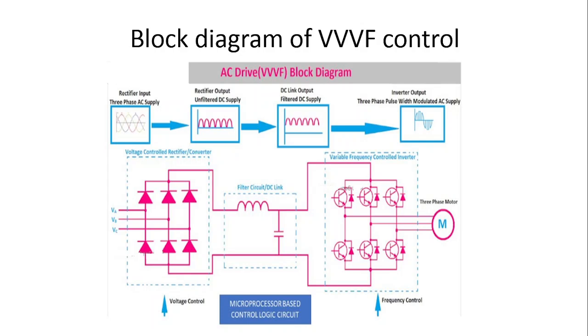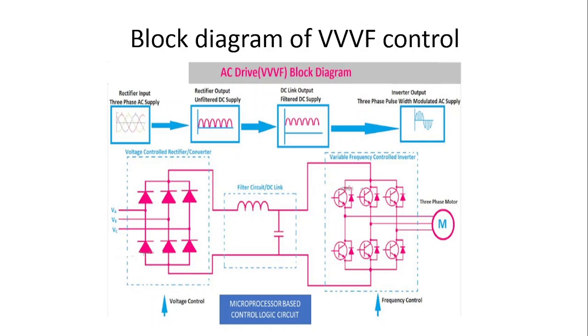It consists of ripples. The output of the rectifier unit is applied to the intermediate DC link. The intermediate DC link basically consists of inductors and a capacitor. The inductors filter the ripples present in the output waveform of the rectifier unit, and the capacitor stores.